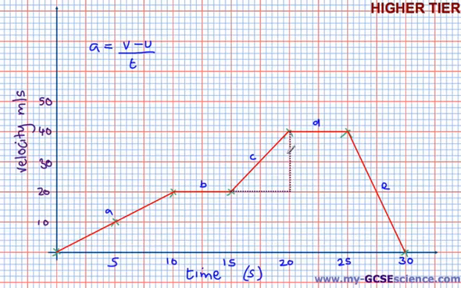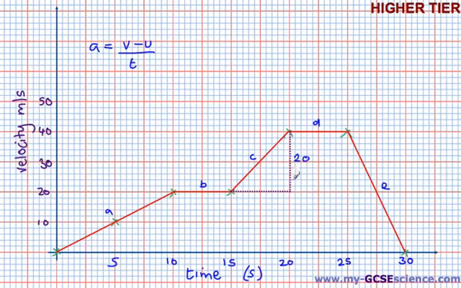So what we do is, for the section we're interested in, so section C, we can draw a triangle like this, and then all you have to do is divide the vertical distance here over the horizontal distance here. So in this case we're going from 20 to 40, so the difference there is 20.